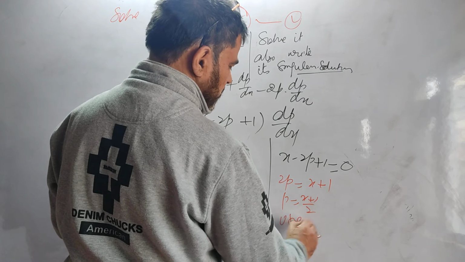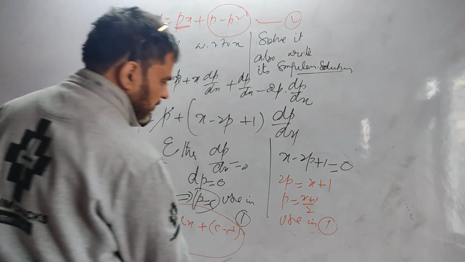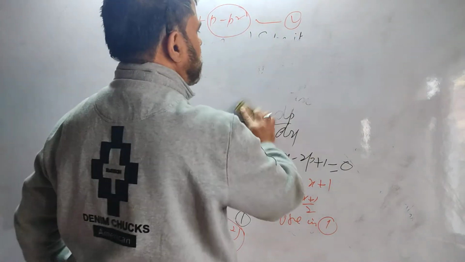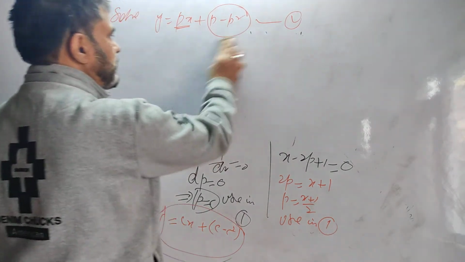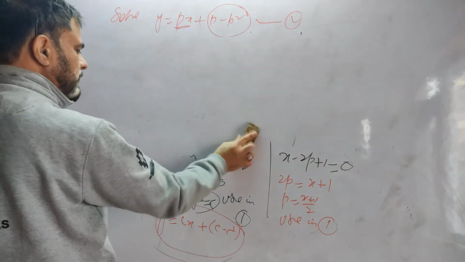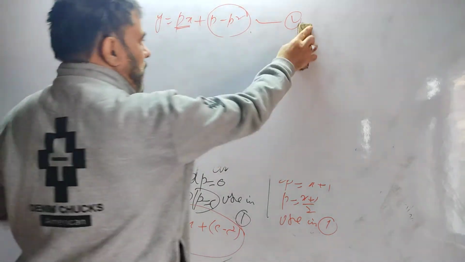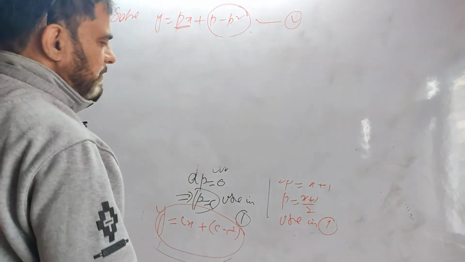Let us use this also in the first. Let us use this p is equal to x plus 1 by 2 in the first. What do you get? It is y is equal to px plus p minus p square, using this p.